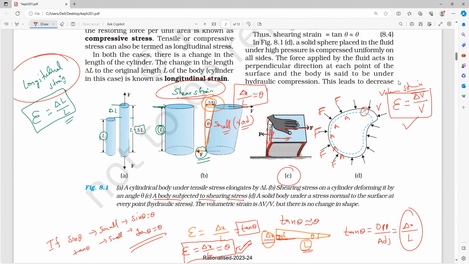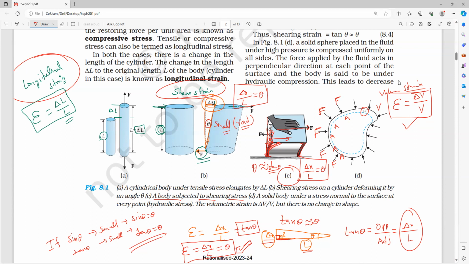See that the bottom pages will remain here only, but the remaining pages move a little bit forward with the theta angle. So theta is approximately equals to tan theta. We will consider delta x divided by L equals theta. That is what we call shearing strain.